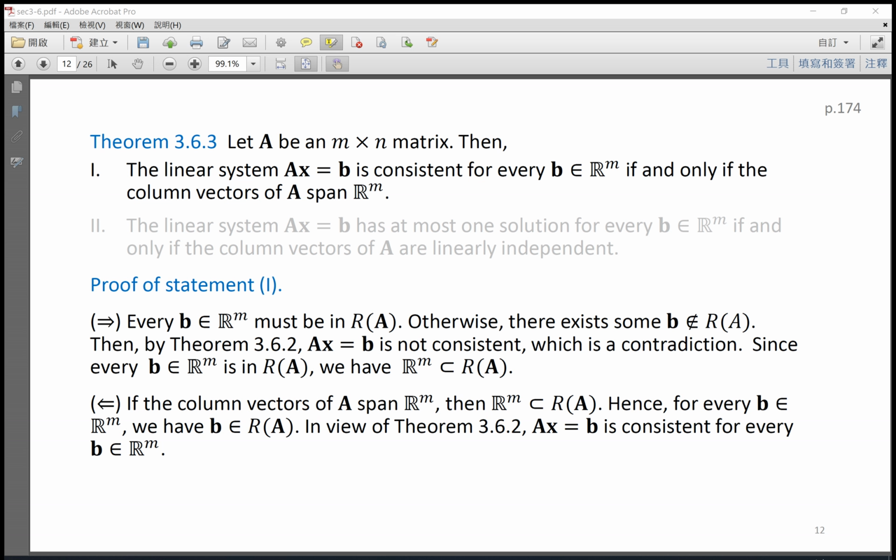I will call the first condition condition A, and the second condition condition B. The first statement has two parts, the if part and the only if part. To prove the only if part, we assume condition A holds, and our goal is to prove that condition B holds.